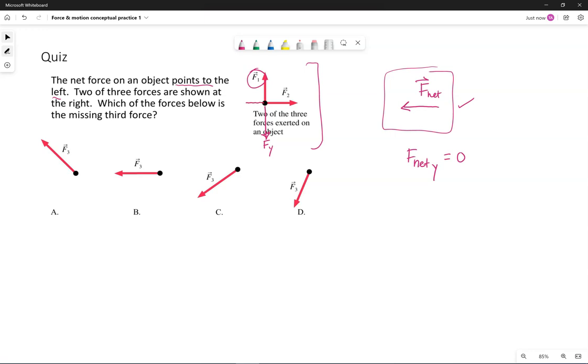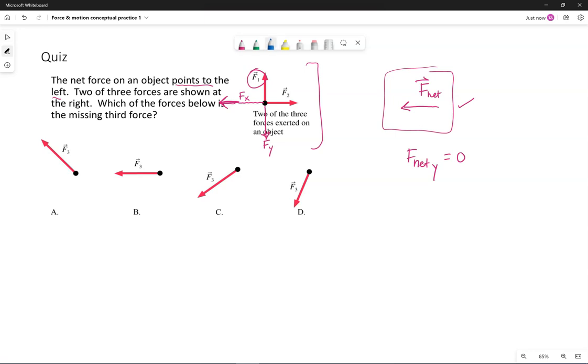So I know I need an x component pointing to the left, but if I draw it the same length as F2, they would balance each other out. This component pointing to the left needs to be at least a little bit longer than F2. It could be much longer, it could be a lot longer, barely longer. We don't have enough information to know.